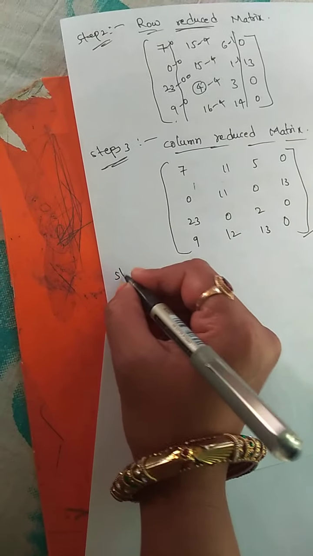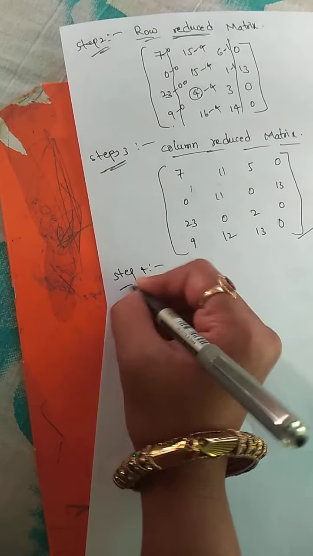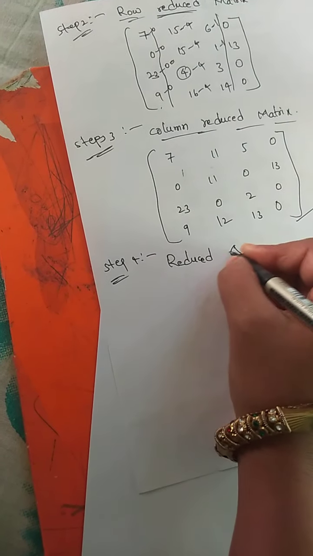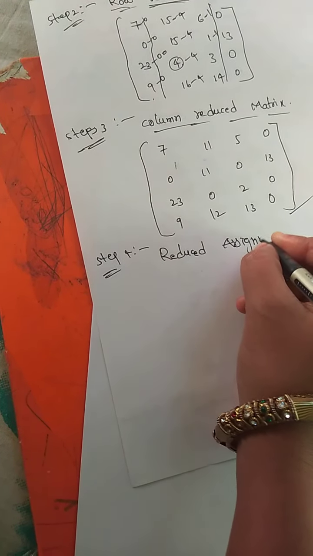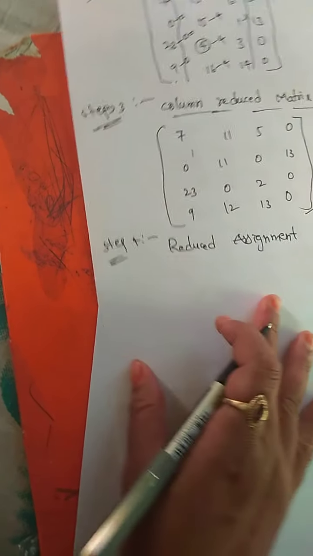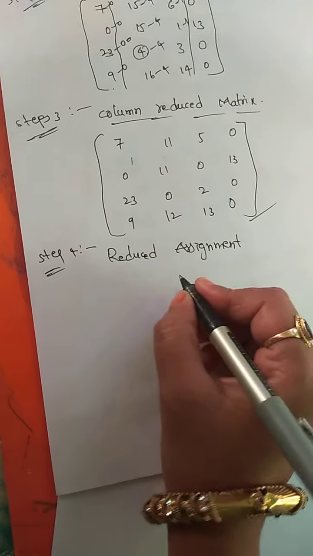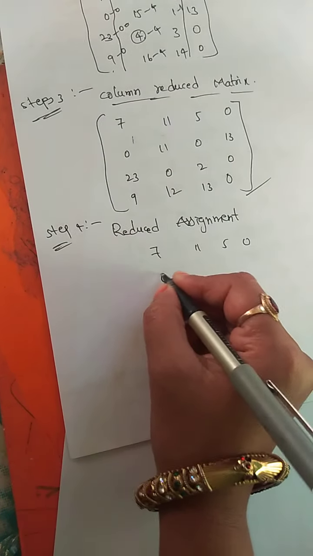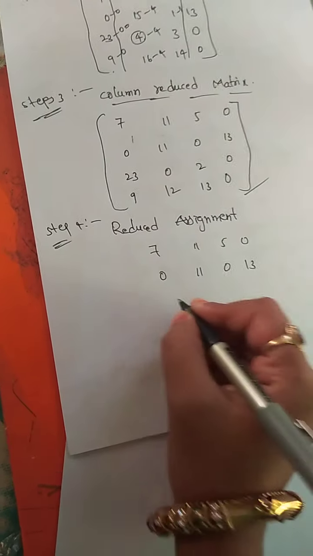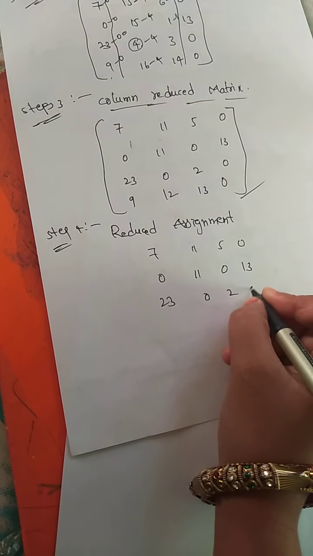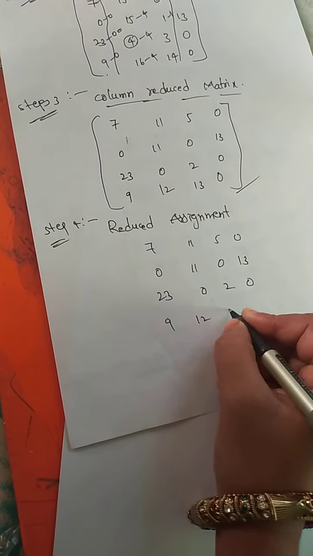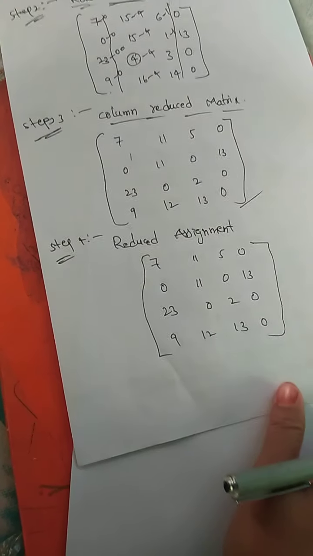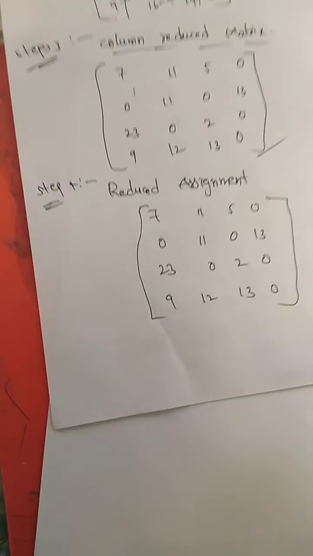Next, step 4, reduced assignment. So we have to write the matrix here and start the assignment.